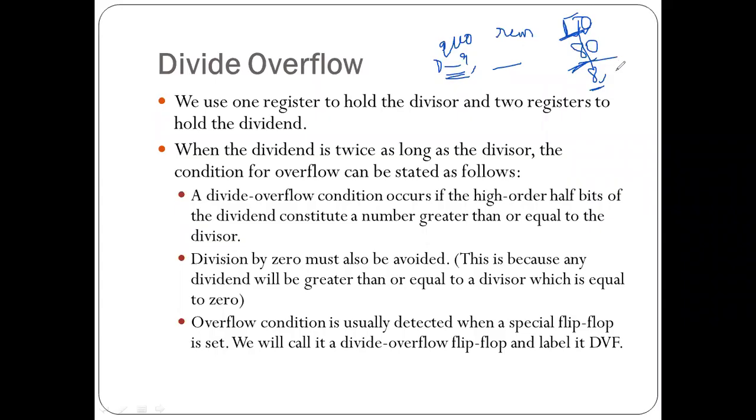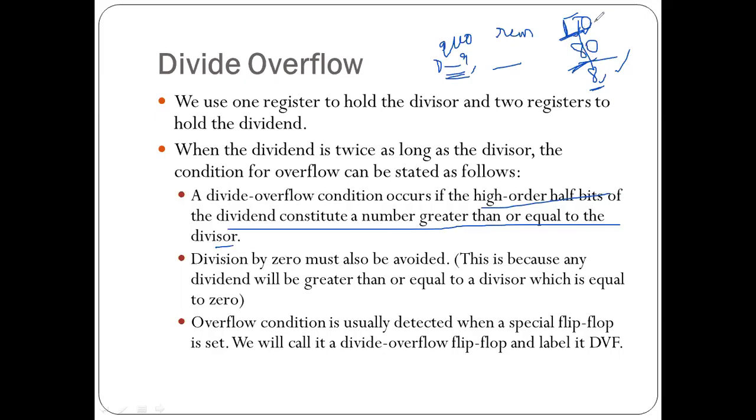So this is what is called division overflow, right? The divide overflow condition will occur if the high order half bits, to make it easy I am taking digits together, the high order half digit, here 1 digit out of 2, constitute a number which is greater than or equal to the divisor.